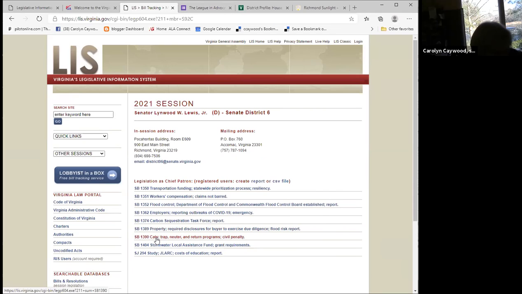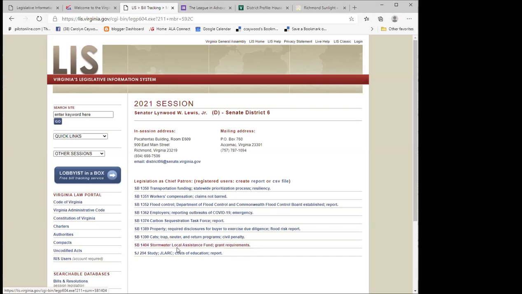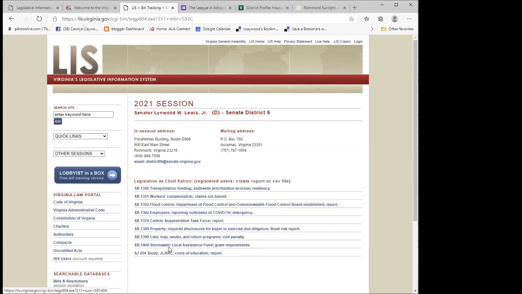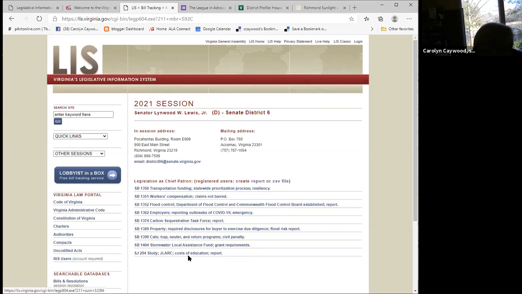Trap, neuter, release for cats. I've got to speak to that man. We have a feral cat in the neighborhood. It's driving me nuts. It sits under my bird feeder. Stormwater, JLARC study on the costs of education. Interesting. So those are the bills he's got up as chief patron.